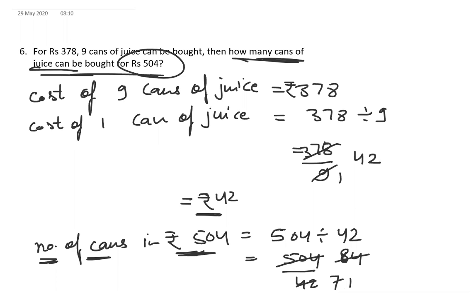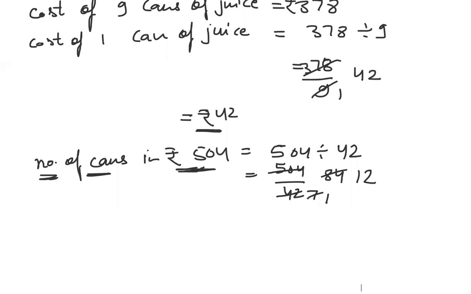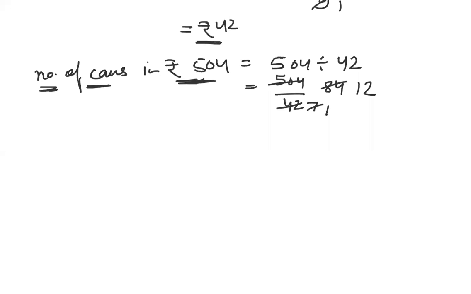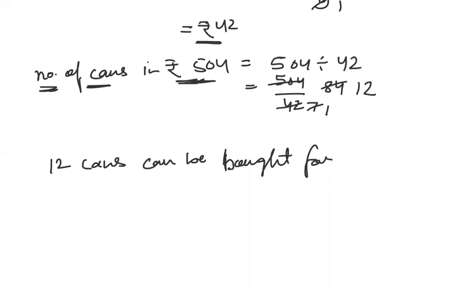Let me do it again. Wait, 504 divided by 42. 6 7s are 42, 6 8s are 48, 2 carry. Now 7 1s are 7, 7 2s are 14. So 12 is your answer. So 12 cans can be bought for rupees 504. This is the answer.